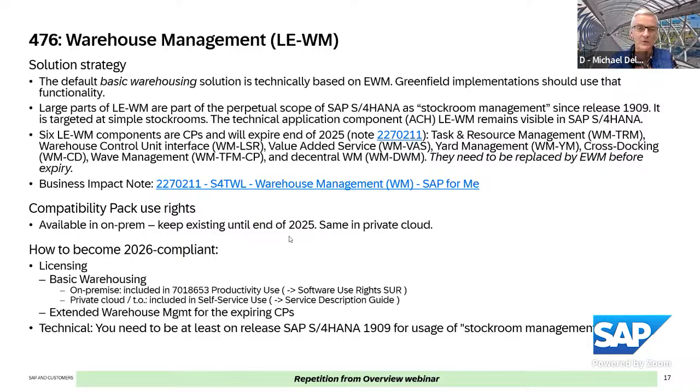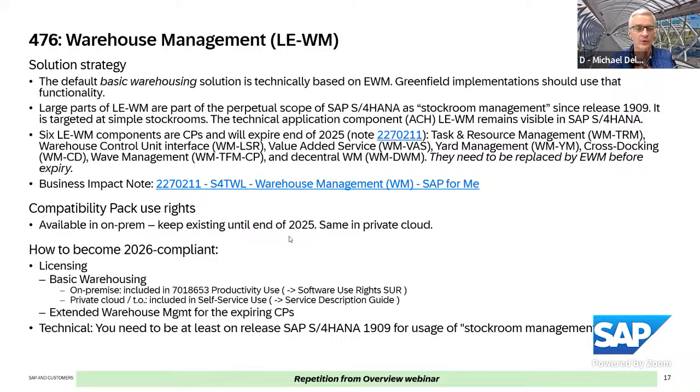Last topic from my end, warehouse management, a rather complicated topic. In a nutshell, the go-to solution for basic warehousing is the new one, which is technically based on EWM and therefore much more consistent, much better integrated than classic LE-WM, which you will as a component continue to see in your S/4HANA system, but which will only exist in the perpetual scope of S/4HANA as stockroom management, which has a slightly reduced scope.